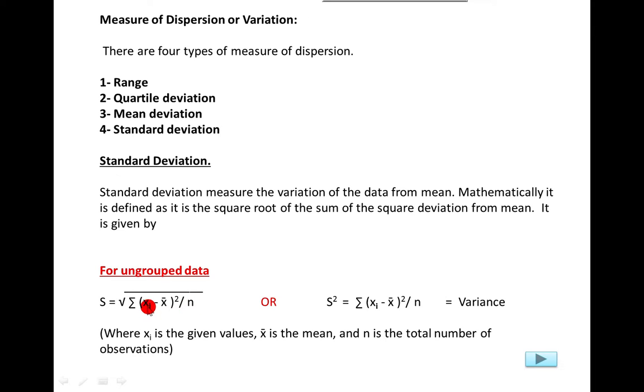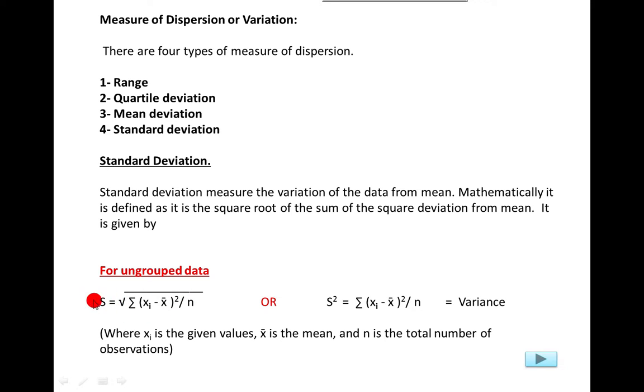So if you subtract individual value from mean of the data and then take square of this deviation and then sum all values, then divide by number of observations, you will obtain the standard deviation after square root.